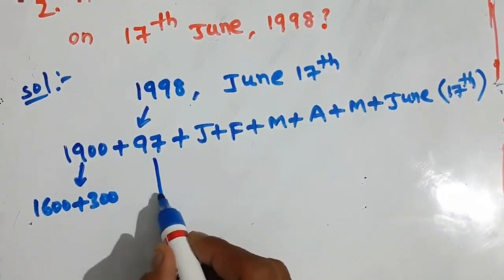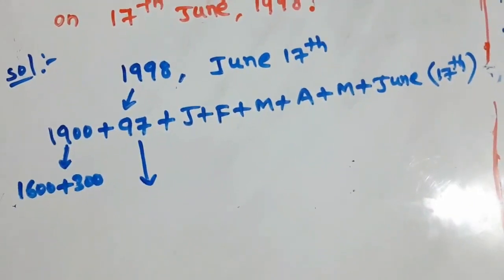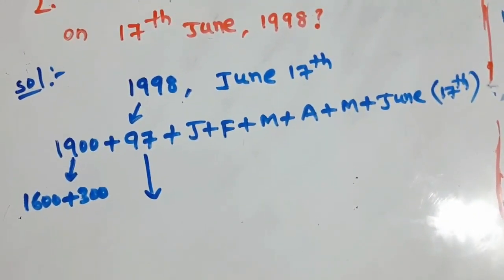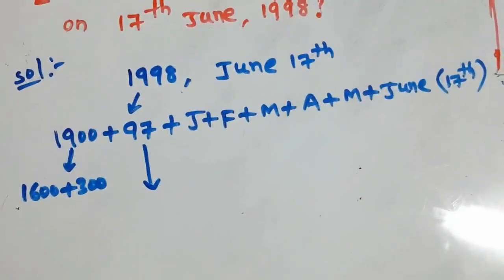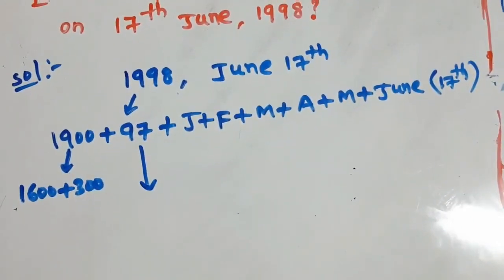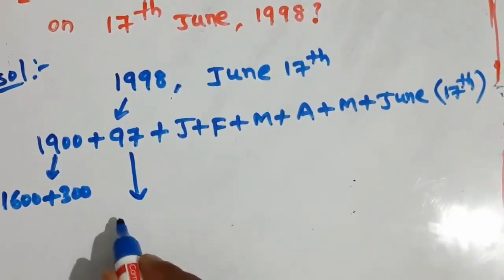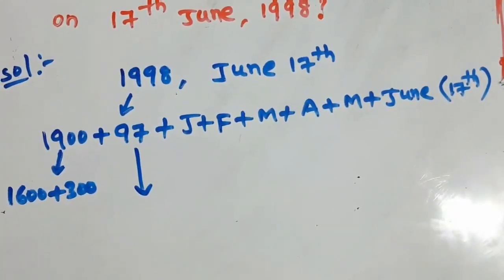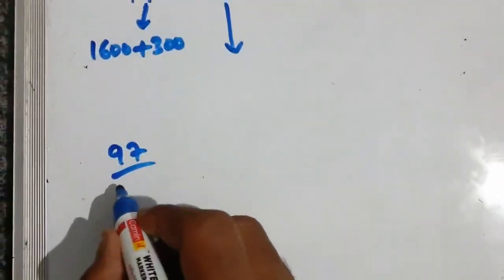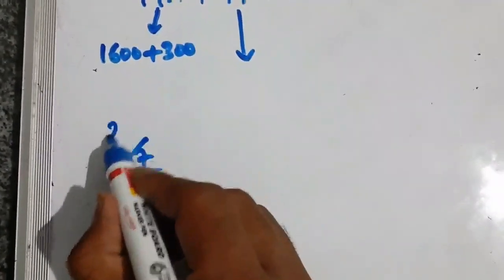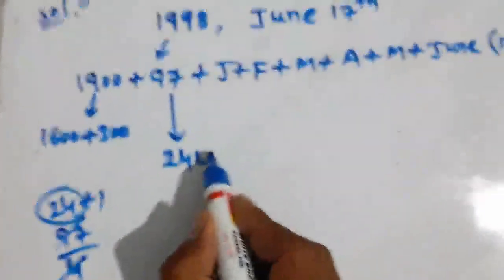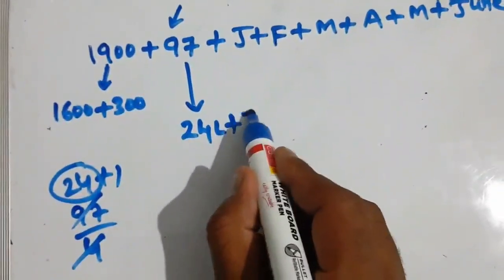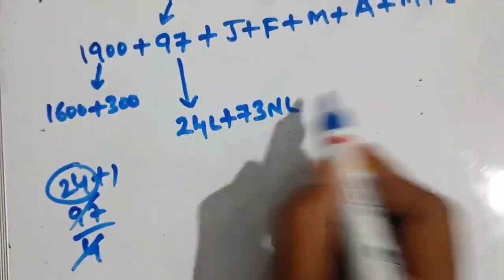Now I have to calculate in these 97 years how many leap years and how many non-leap years are there. How to calculate? If every 4 years there is one leap year, I divide by 4. 97 divided by 4 gives 24 and remainder 1. So 24 leap years and the remaining 73 non-leap years.